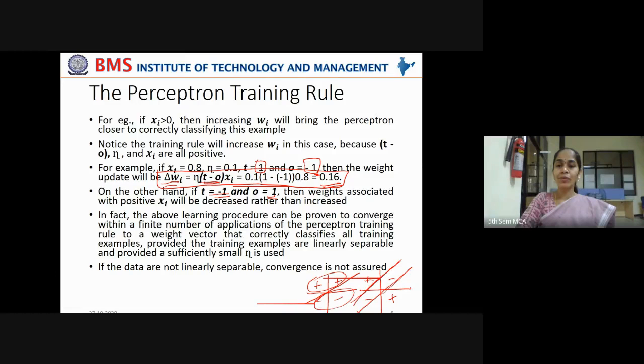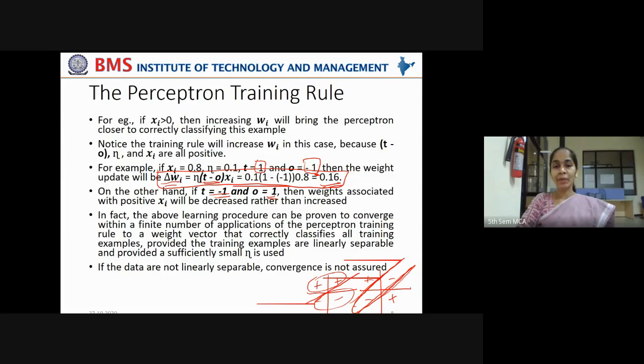In that case, you may have to draw a non-linear line. In that case we call them non-linearly separable. Right? Now, if the data is not linearly separable, then the convergence of weights is not assured, because it will keep on adjusting the weights infinitely, as the linear separating line is not the best fit for the data. Right?